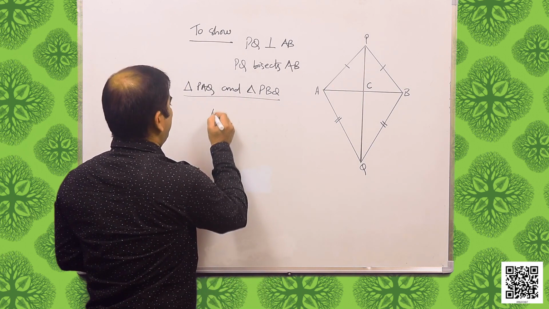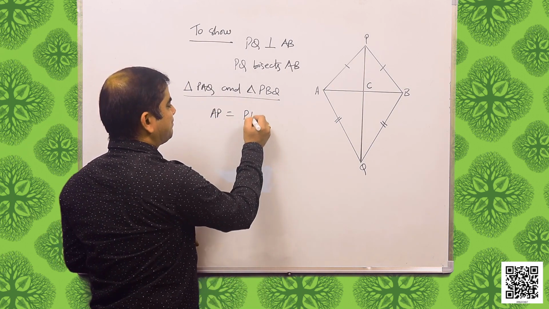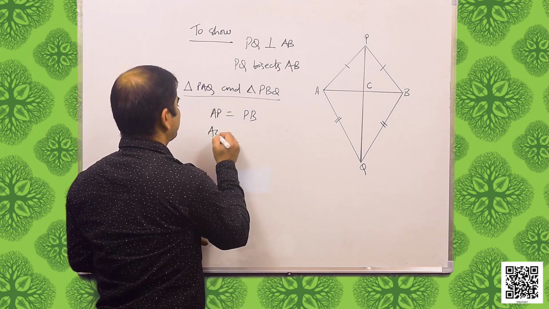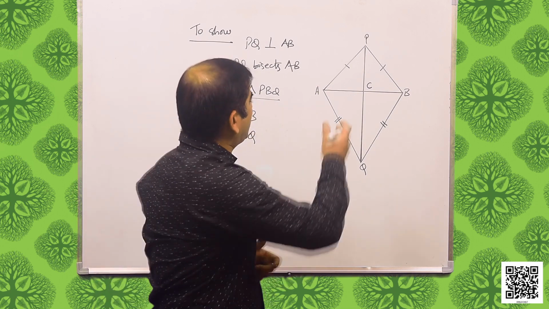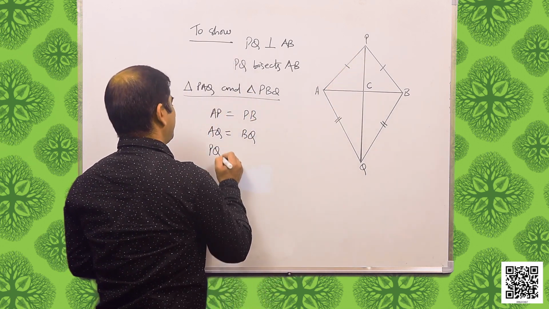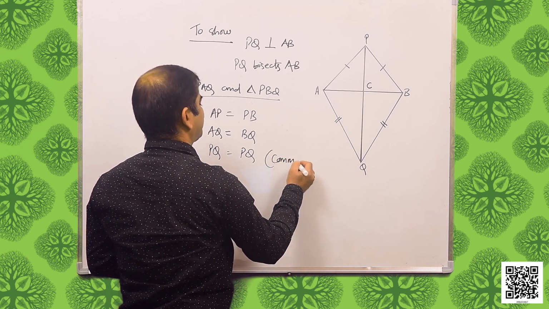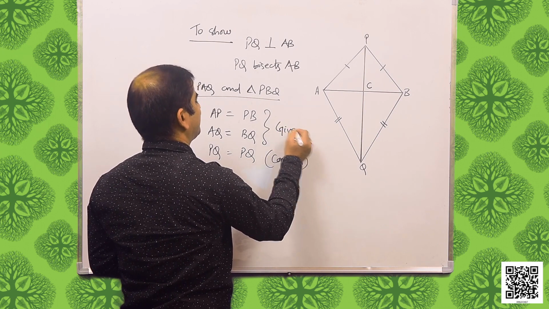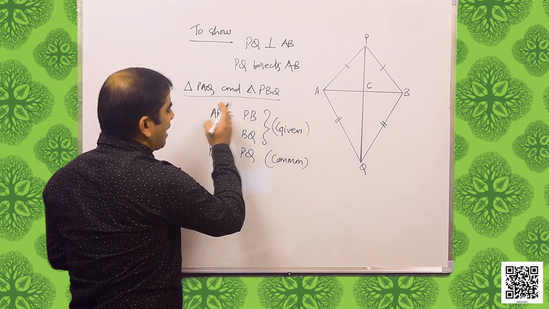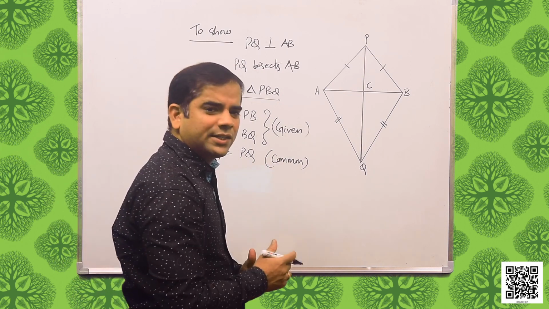We have AP is equal to PB, AQ is equal to BQ, and PQ is PQ, that is common. These two data are given, isn't it? We have three corresponding sides equal to each other.